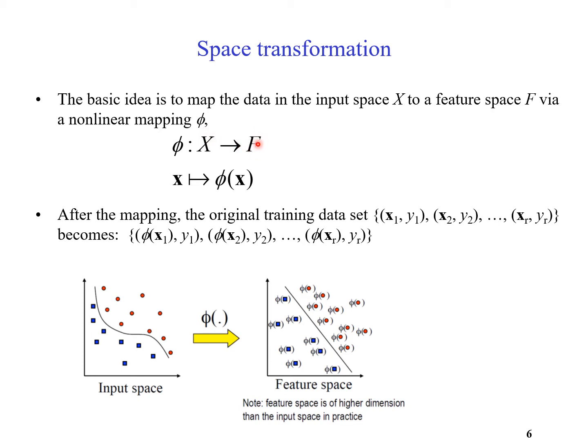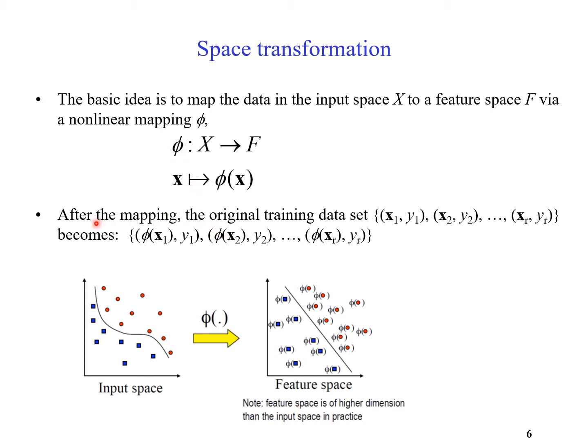Then we have a mapping from input space to feature space, right? So the original data X is transformed to another data using this mapping pi. Expanding dimension means we have mapping from input dimension to higher dimension. Let's say that mapping is pi.